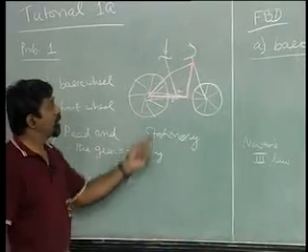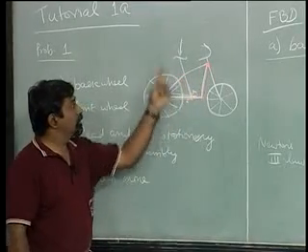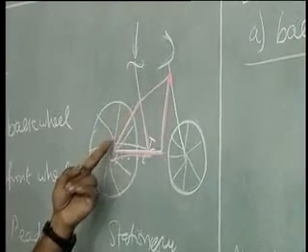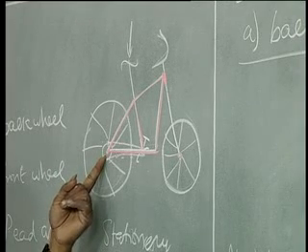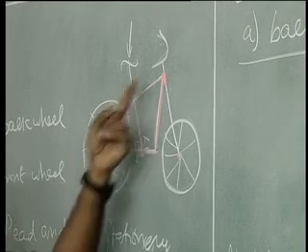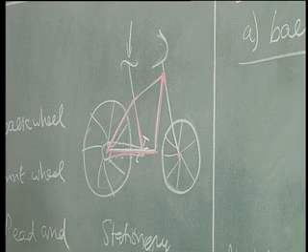Please remember that there is this frame that transfers this load through the frame to the hub of this particular wheel. There is also a transfer to the other wheel.